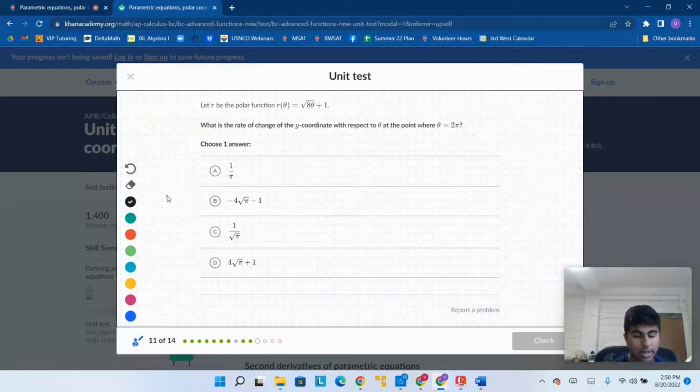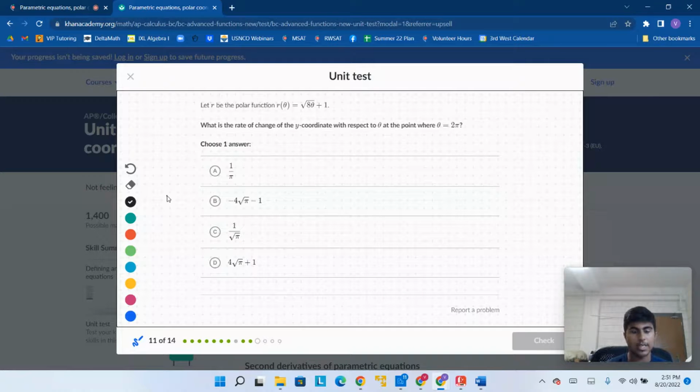Okay, and we have to take the derivative of that, with respect to theta, at 2 pi.